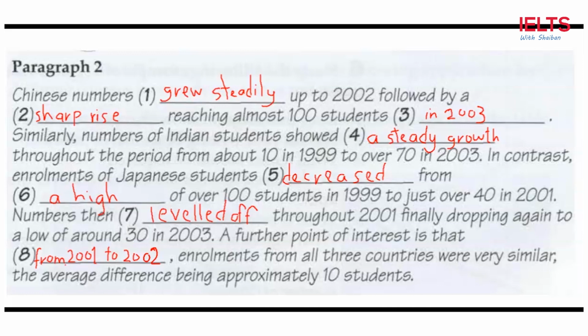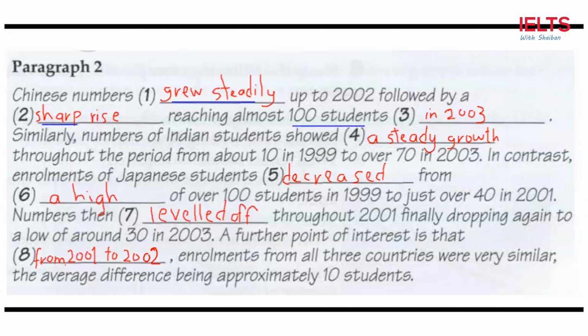Now, because it is not an introduction, you are actually going to describe what has already happened, or what happened in the past. So grew steadily. Yes, that means a kind of change which is not a big change. Up to 2002, followed by, so we have a big change here, a sharp rise, reaching almost 100 students.